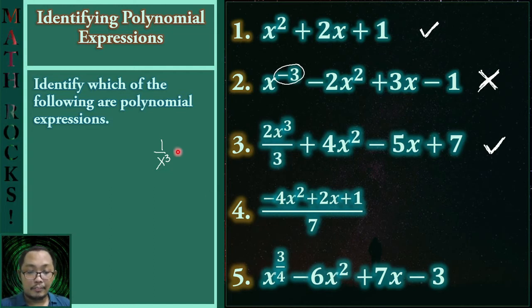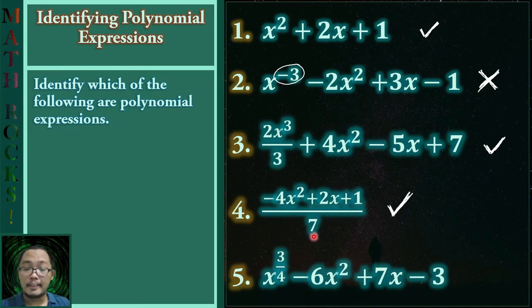And now for number 4. Notice that it is basically the same with the third one, and this would be a polynomial expression. Having each of the terms with a denominator of 7, since we do not have a variable in the denominator, this will still be a polynomial expression. And for number 5, here is another counter example.